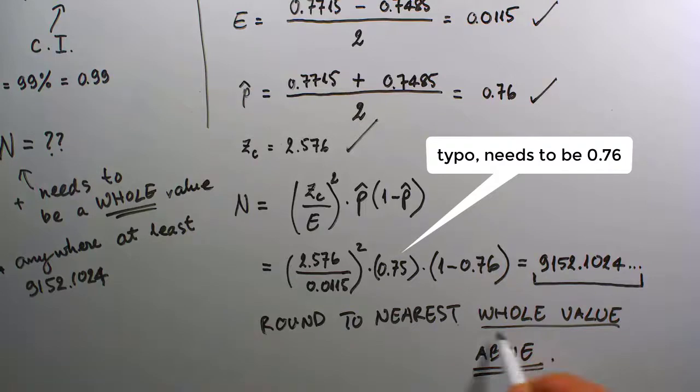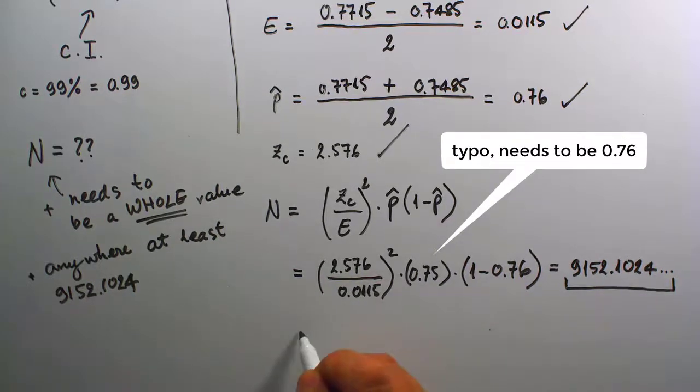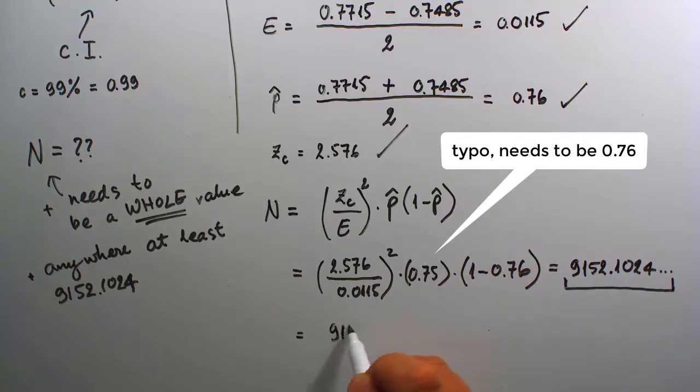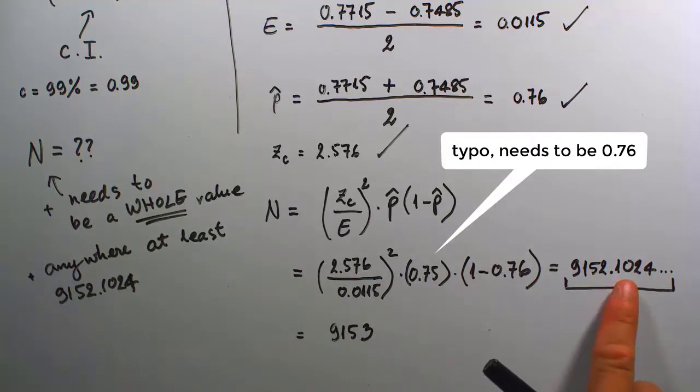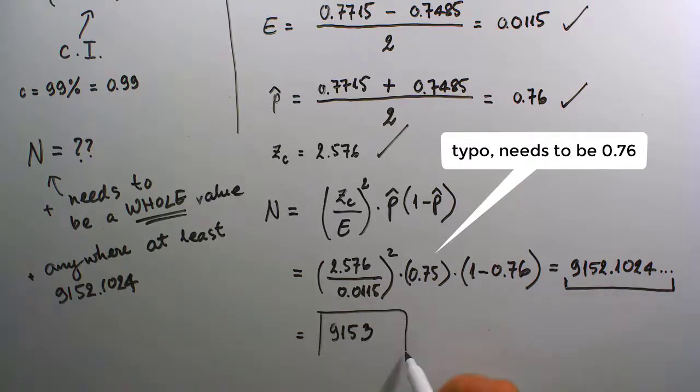In that case, our final answer here is 9153, even though the decimal here is really small and the nearest whole value would bring you down to 9152. Here we need any number that is at least this value or more. So the nearest whole value above this number is 9153, and that's the answer.